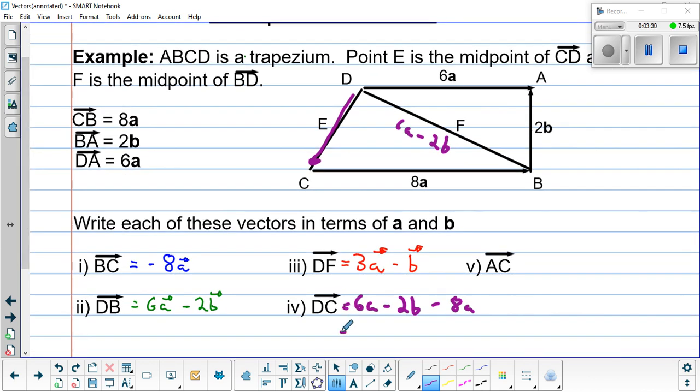I'm going to shrink my font, I apologize. 6A minus 8A is negative 2A, and we have minus 2B. Don't forget to put your vectors on at least at the end.